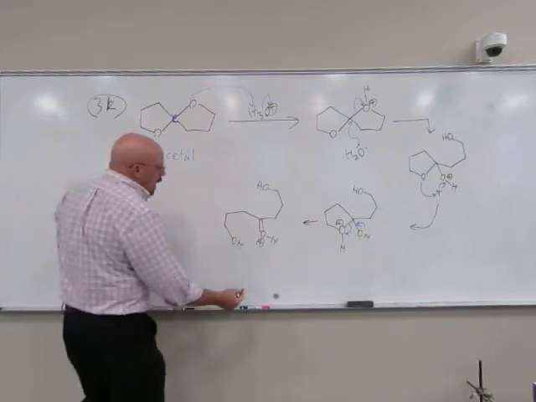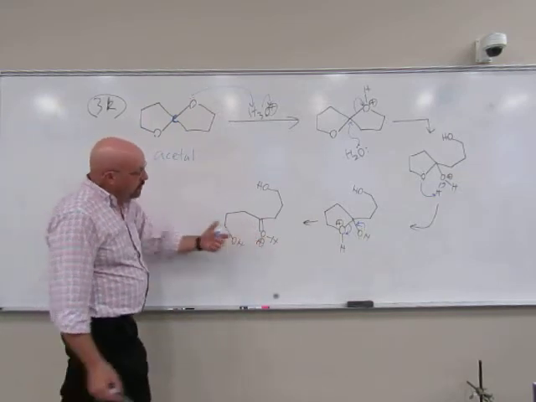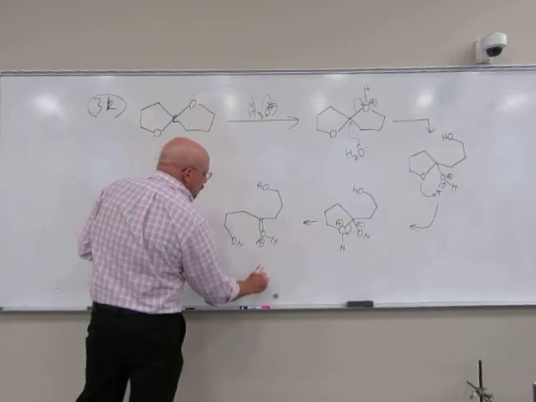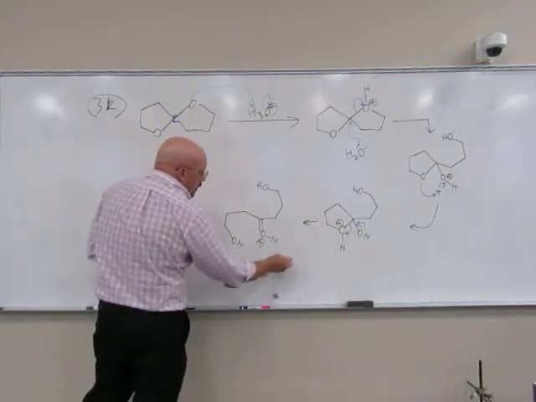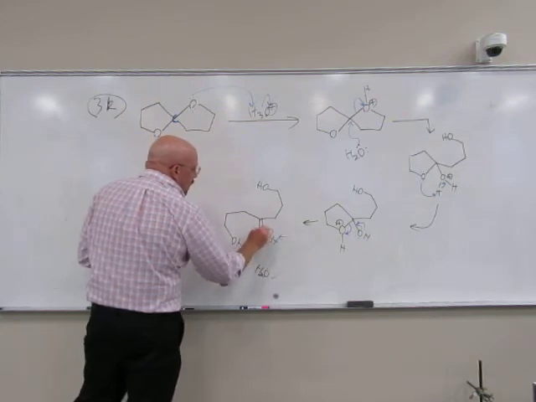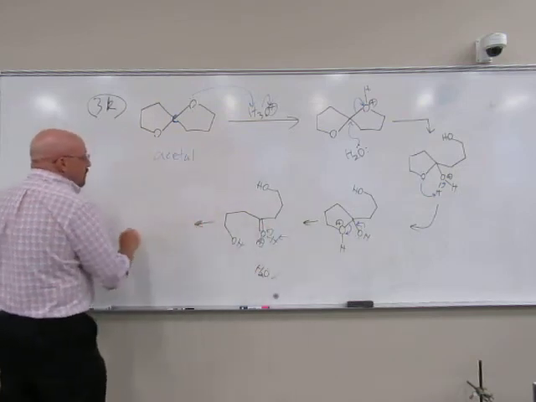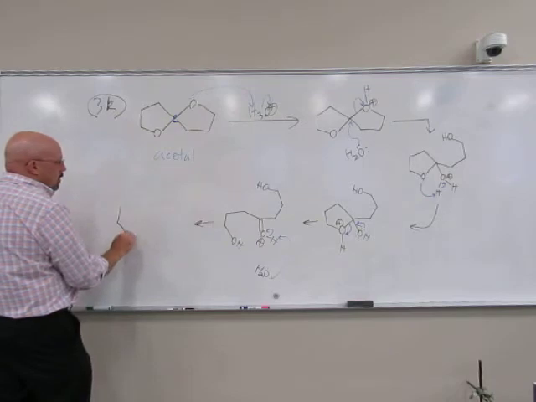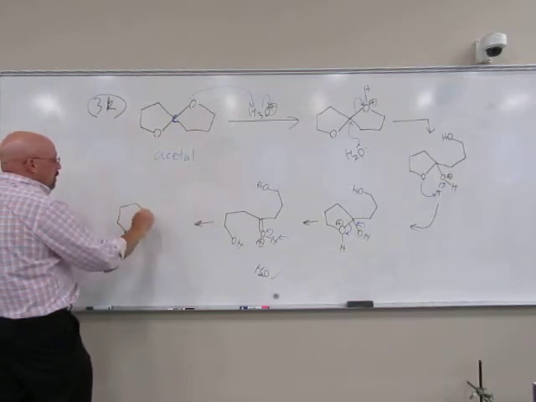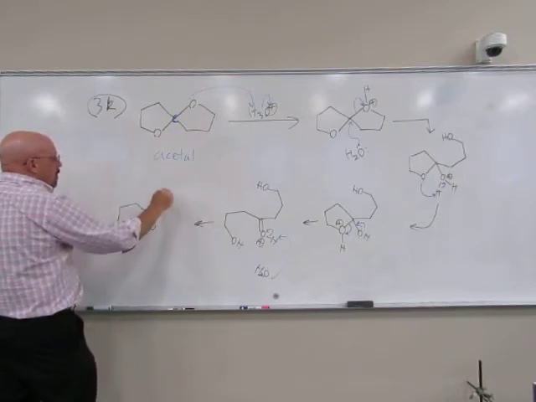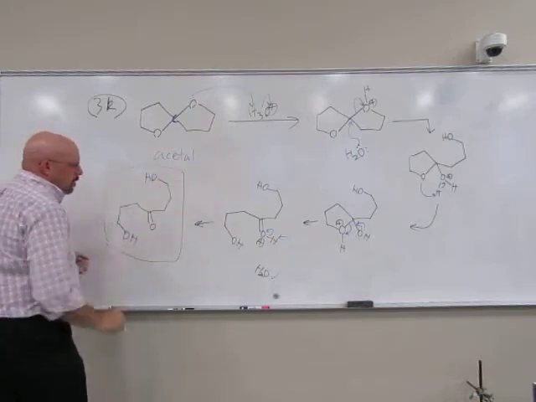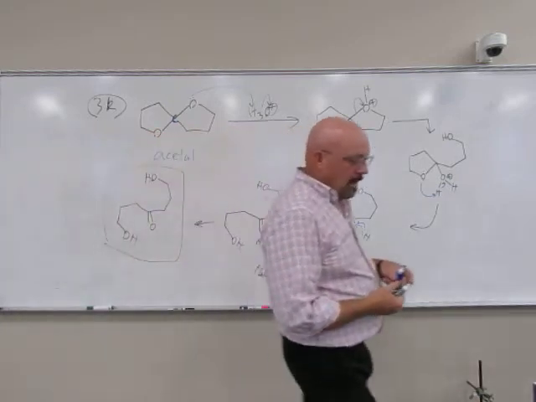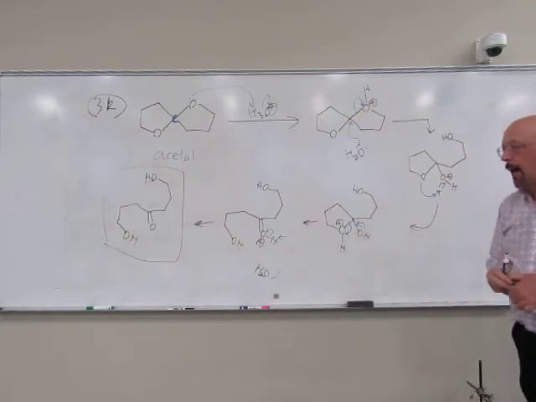Now, all we have to do is get rid of the extra hydrogen there on the oxygen. You can use water to do that. We do have water in the reaction. That will pull off the extra proton, and that gives us our product. We get that carbonyl back.